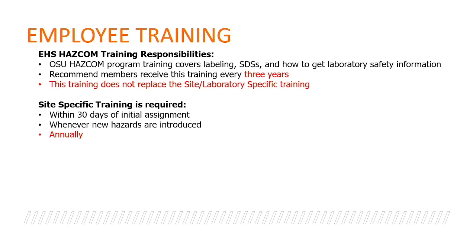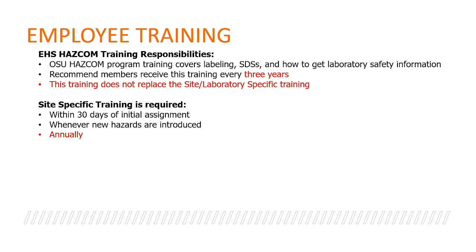If it's not documented, it never ever happened. That's one of the things to always remember with any type of training that deals with safety. You've got to have your documentation set in place. The site-specific training is required within the first 30 days of initial assignment, whenever a new chemical is brought into the workplace, and of course on an annual basis.